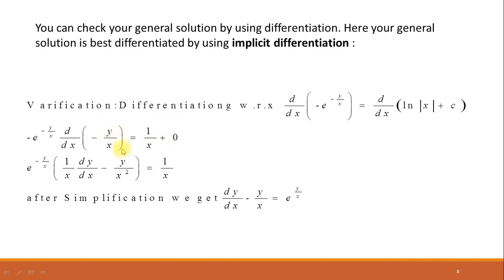Now taking the derivative of y/x by quotient rule, the two signs minus and minus give plus, so we get e^(-y/x), and the derivative of y/x by quotient rule gives 1/x dy/dx - y/x^2 = 1/x. To simplify this expression, we get dy/dx - y/x = e^(y/x). So the solution of the given differential equation is correct.